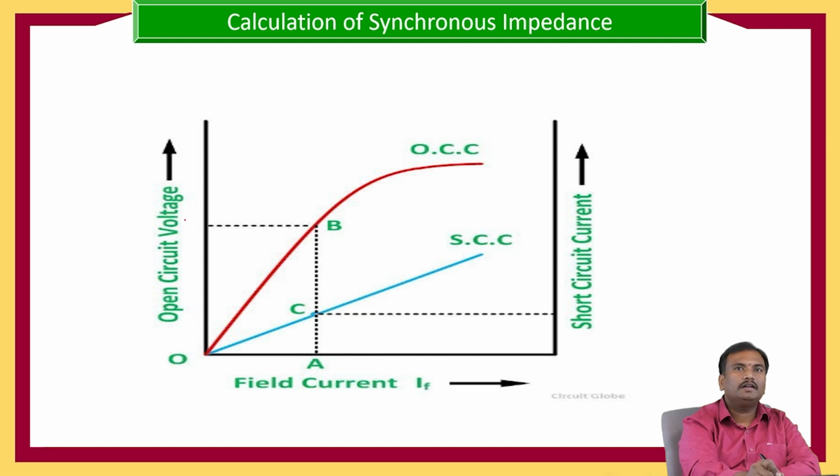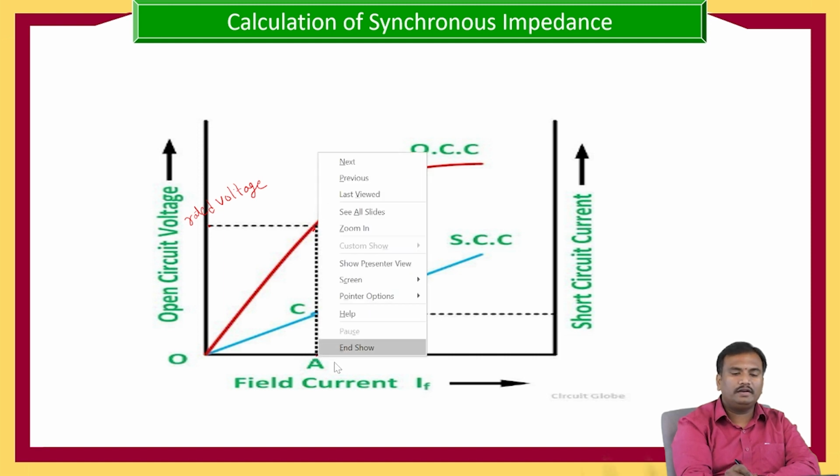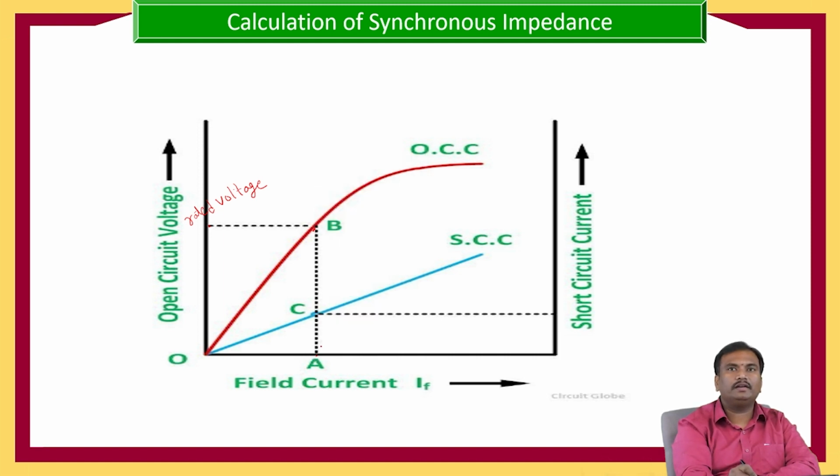Here is the rated voltage point. At the rated voltage point, what is the field current we have to take? At this condition, what is the short circuit current we get? That is the short circuit current of the alternator.